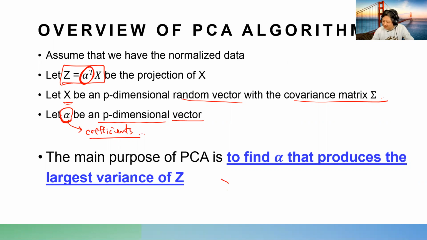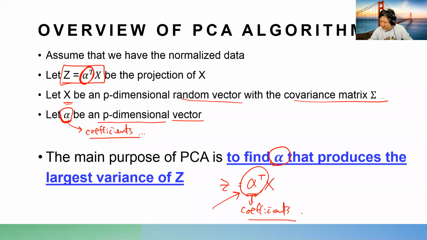So Z equals alpha transpose X. This is a coefficient, right? So the main purpose of PCA is to try to find alpha that produces the largest variance of X. Okay, so we need to find these values. How can we find alpha?